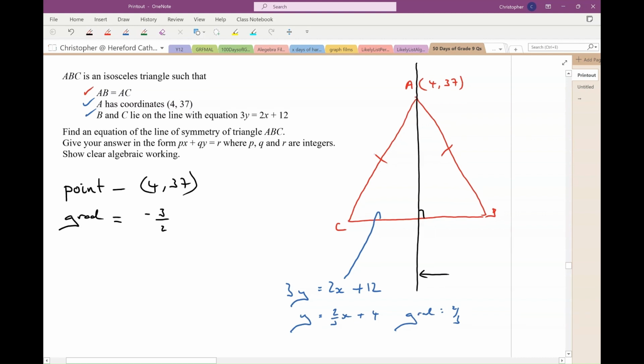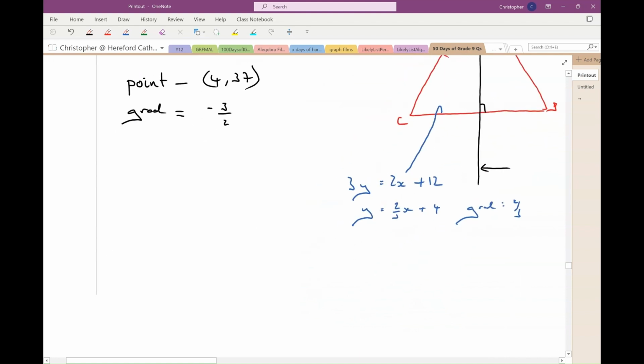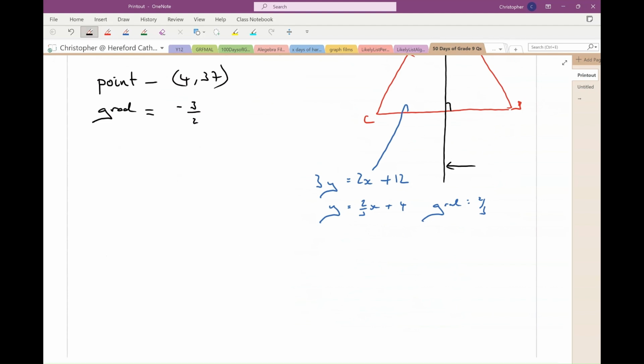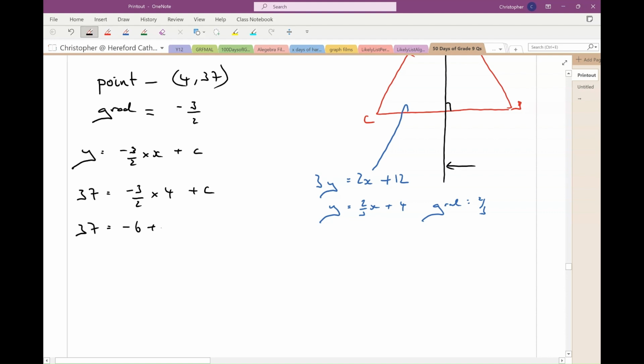So now I know a point on the black line, and I know the gradient of the black line. So I can find the equation of the black line. So y is going to be minus 3/2 times x plus c, and I know that y is 37 when x is 4. So 37 is minus 6 plus c, so c is 43. So the equation of my black line is y equals minus 3/2 x plus 43.